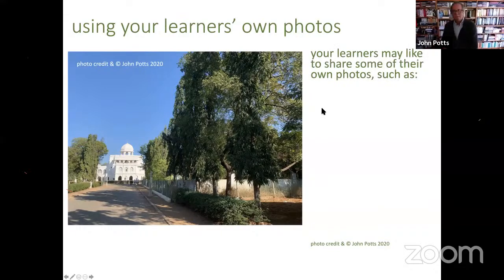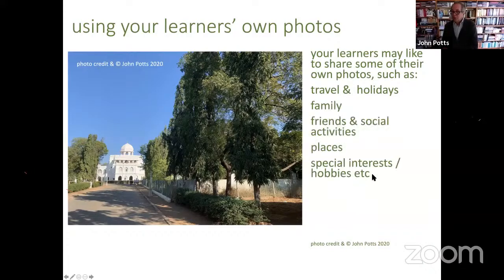So travel and holidays, for example, some pictures they took when they went to Chennai, or when they went to Kochi, or of their family, or of their friends and things they do together, or of places they've been to, or places they're interested in, or of a special interest or hobby they have. Remember, these are all your learners' own photographs.